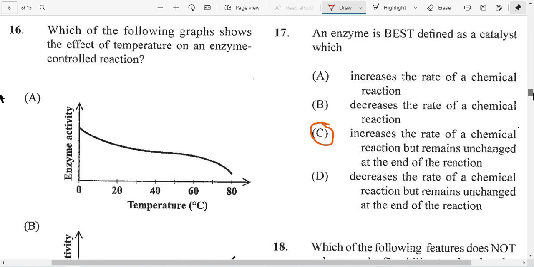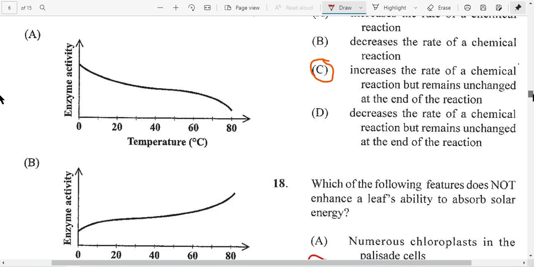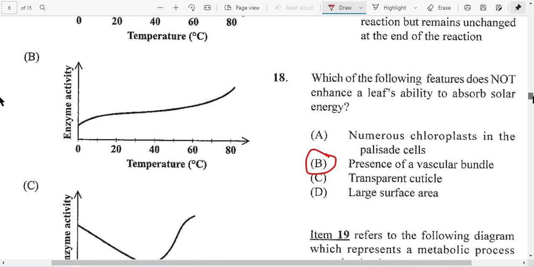We move on to question number 18, which reads, which of the following features does not enhance a leaf's ability to absorb solar energy? Now, you would have seen in your textbook where we're looking at the adaptation of a leaf for photosynthesis, but here we're talking about absorbing solar energy. Numerous chloroplasts, that is for photosynthesis, and the presence of vascular bundle would enhance photosynthesis.